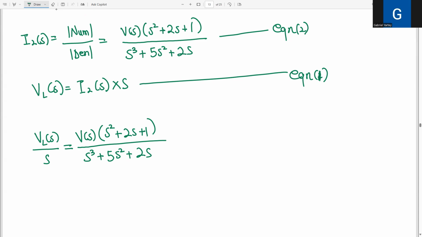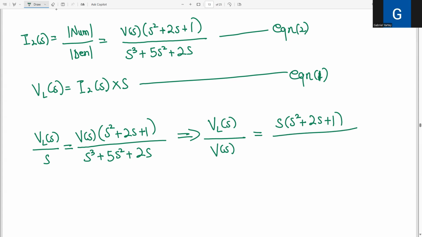When I change this, I get VL of s over V of s gives me s squared plus 2s plus 1 all over s cubed plus 5s squared plus 2s.